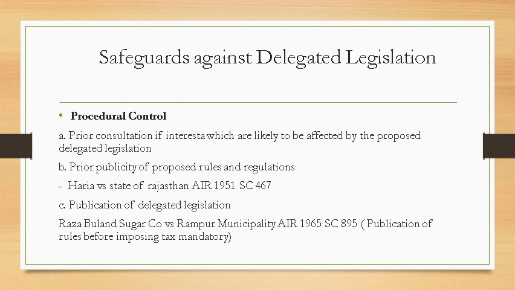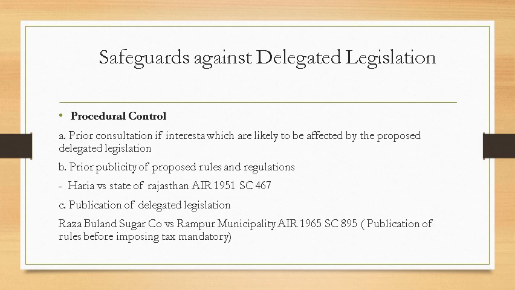So for example, there is the American Medical Association, then there are different boards. So you need to talk to them, you need to inform them that we want to come up with a particular kind of delegated legislation, and see whether their opinion is in favor of it or not.